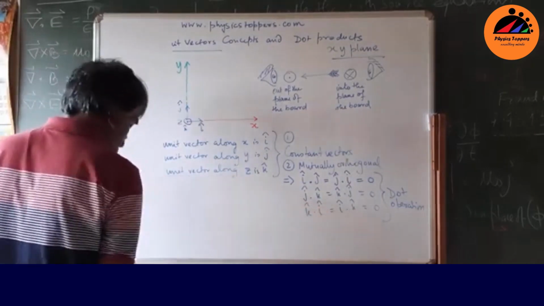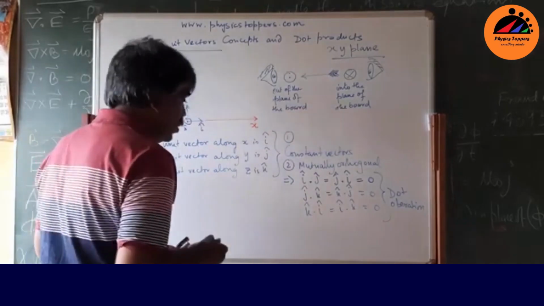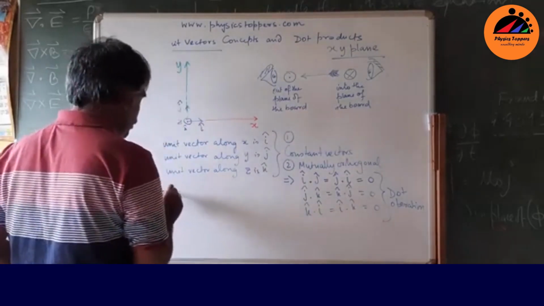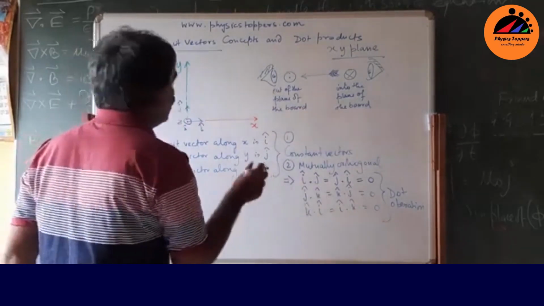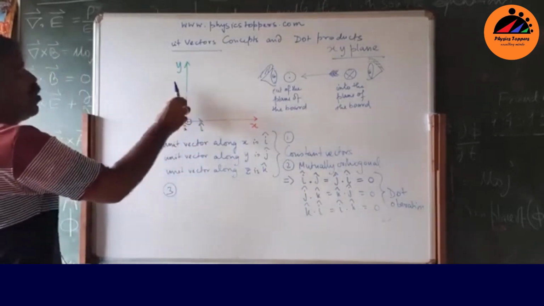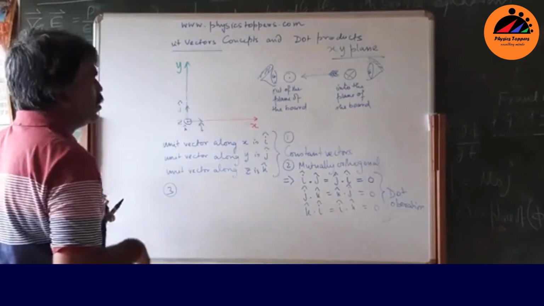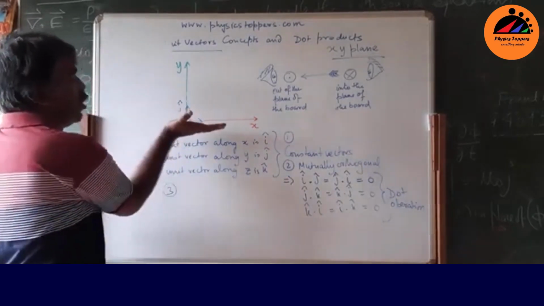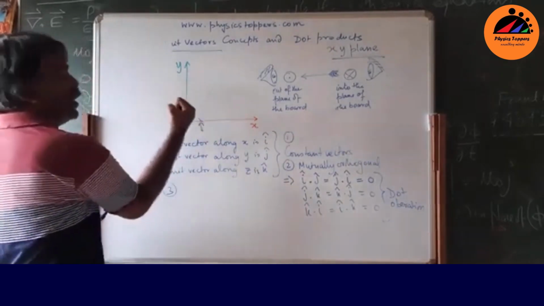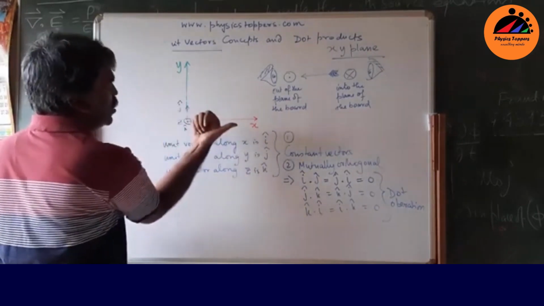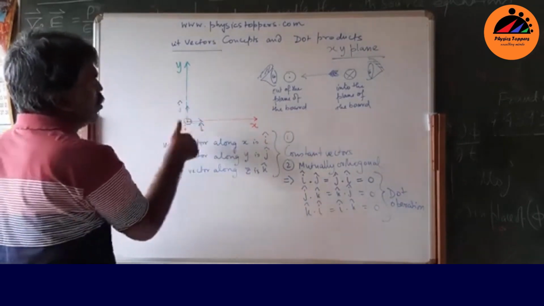Let's not go into the details of spherical polar coordinates right away. Point number 3 is the cross product. If you watch my cross product video, you can also have it. i cross j is k, j cross k is i, and k cross i is j.